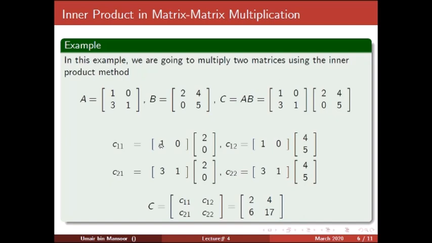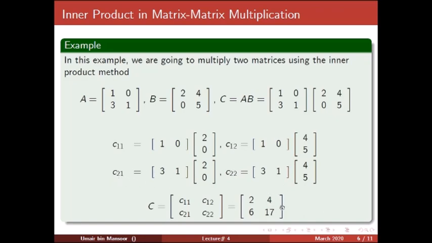So this is A11 times B11 and A12 times B21. So this is 2 plus 0, that is 2. So this is your C11. Similarly, C12 is 1 times 4 plus 0 times 5, which is 4.